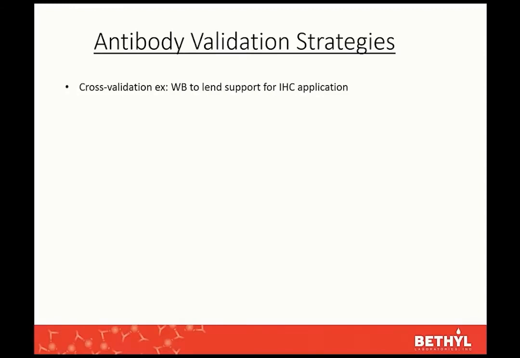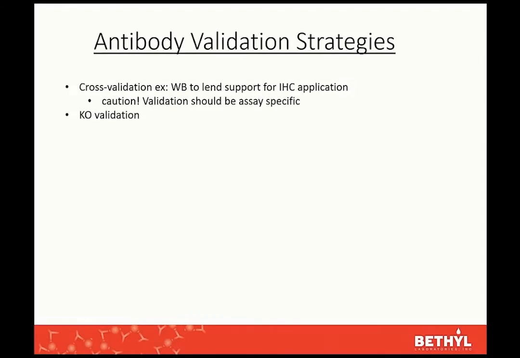Well, you look at a Western blot for that antibody and you say, oh, this antibody recognizes the correct band, so my IHC must also be correct. And I would caution you that validation should be assay specific. So you should really not use one assay to validate another assay.